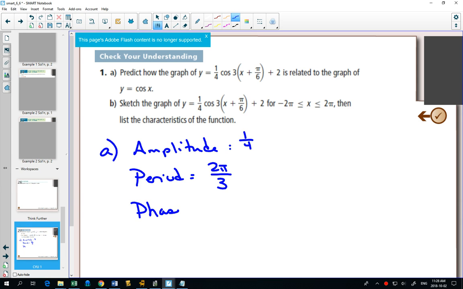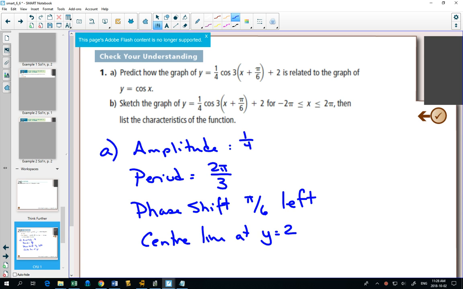We're going to have a translation or a phase shift of pi over 6 to the left. And finally, our center line or sinusoidal axis at y equals 2. That's describing things according to the characteristics of sine and cosine.